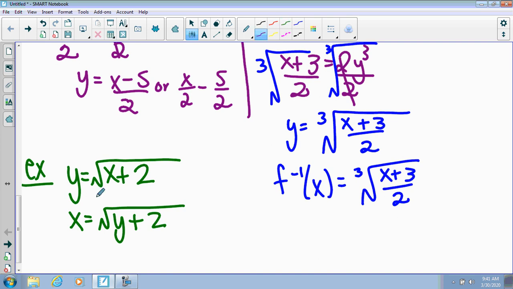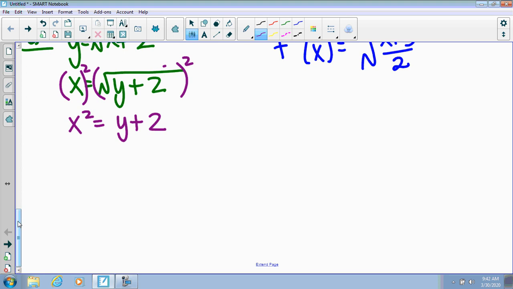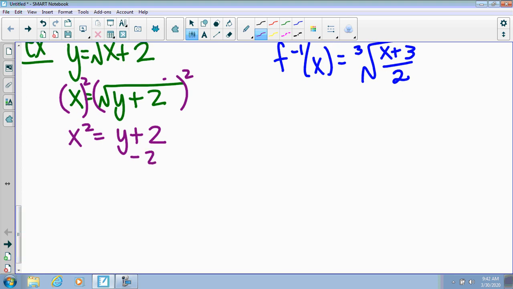Remember, this is just like the other day too. To get rid of the square root of something, you've got to square both sides. So x squared is now y plus 2. Once you square it, the square root sign goes away. If you want y by itself, you would just subtract 2.